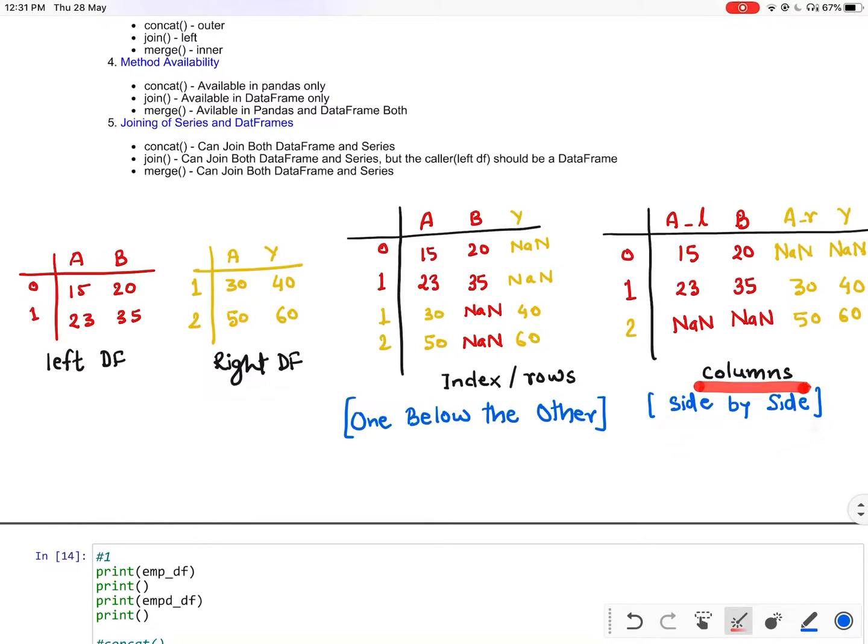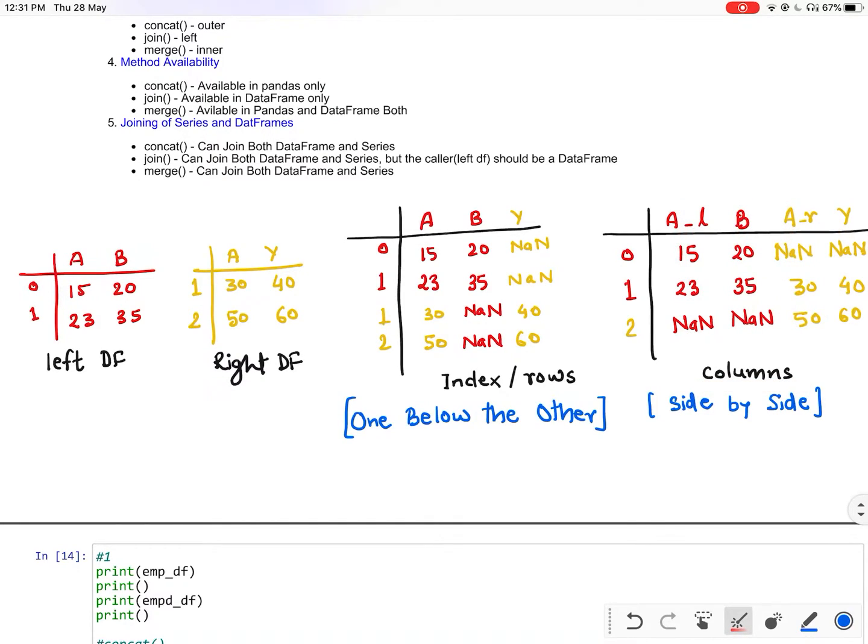You can understand these terms easily by seeing this: when I combine using index type or rows, I put different rows one below the other. When I combine these data frames using columns, I put different columns side by side.